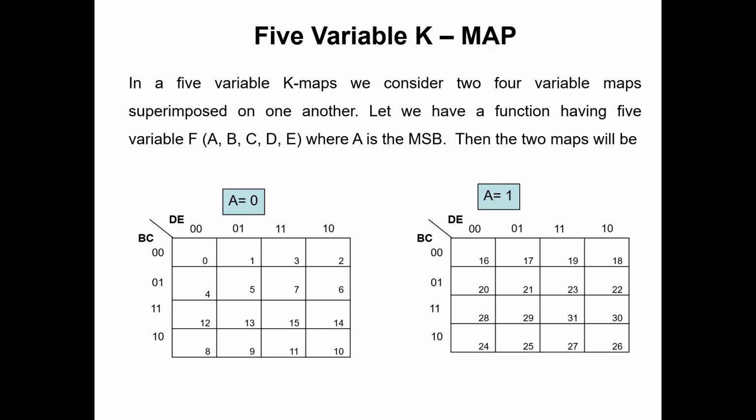The two maps have the variables B, C, D, E, but this particular map has the value of A as 0, and this particular cell will have the value A bar, B bar, C bar, D and E. While this particular cell will have the value A, B bar, C bar, D, E bar.